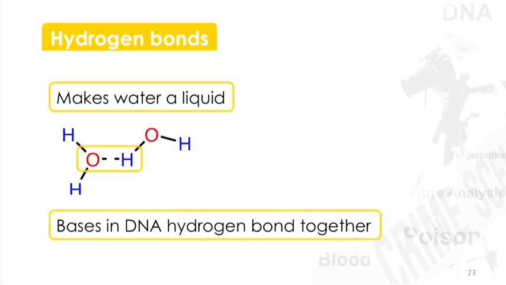Now, these hydrogen bonds in DNA are not just between any old bits of the molecule, they are very specifically between the bases on the different chains. But it's more than just sticking the chains together through the bases. There are specific interactions so that the bases go in pairs.